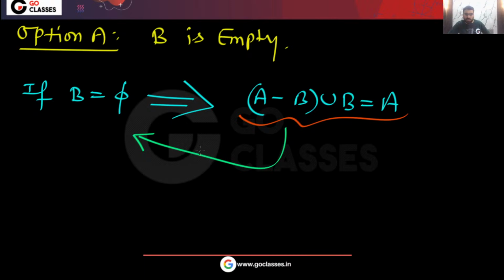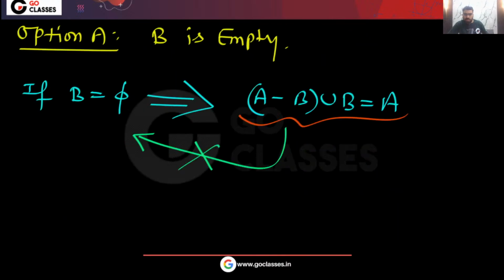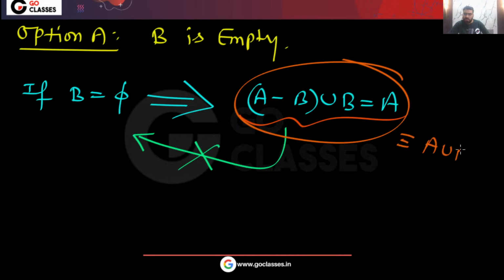So please understand what the question is asking. The question is saying, if this happens, then what will happen? You tell me. This simply means A union B equal to A, as we have already seen.